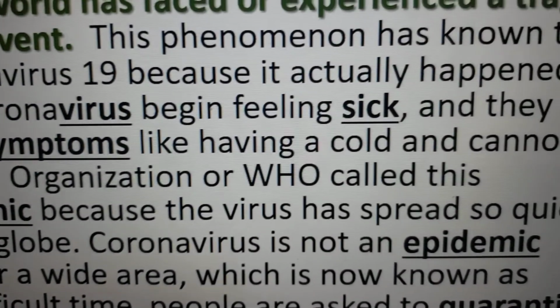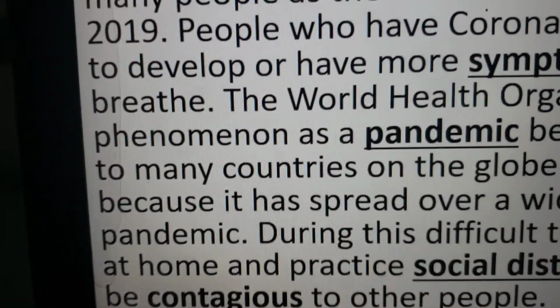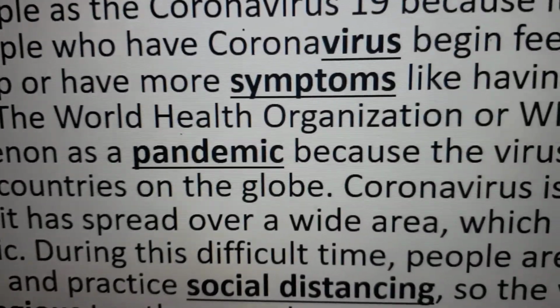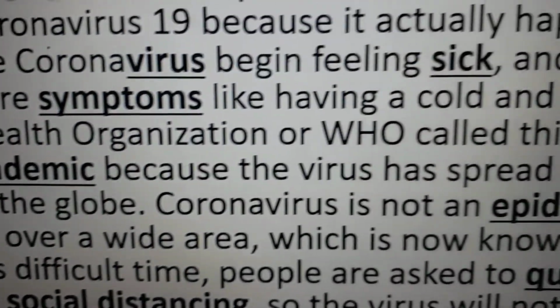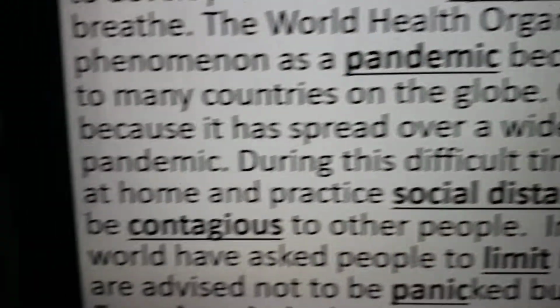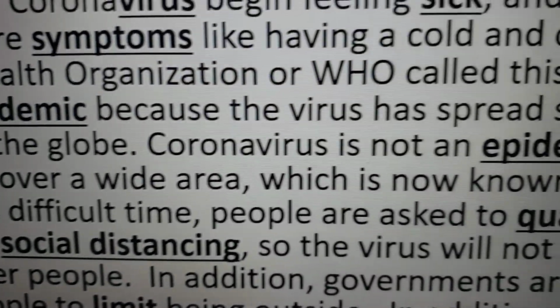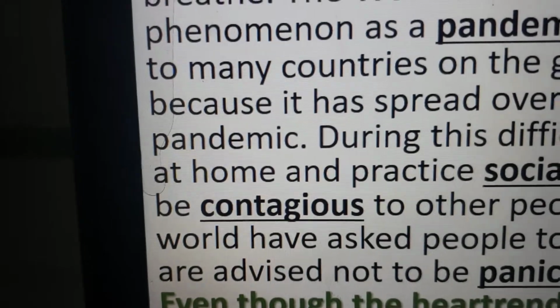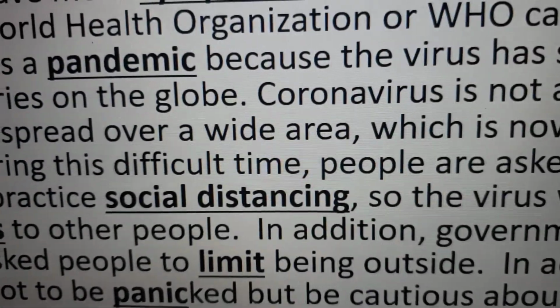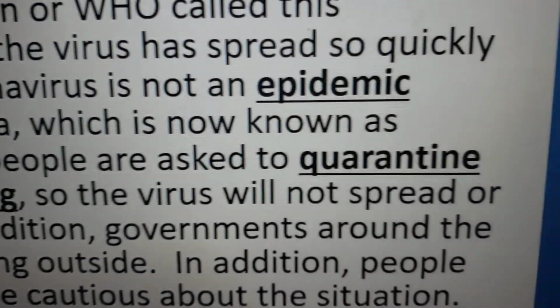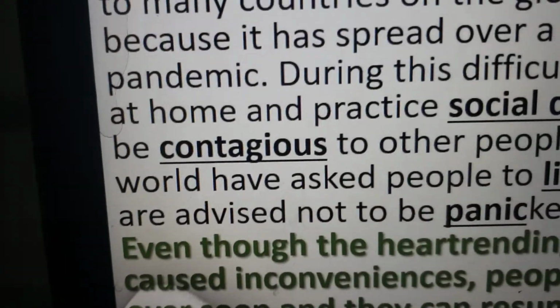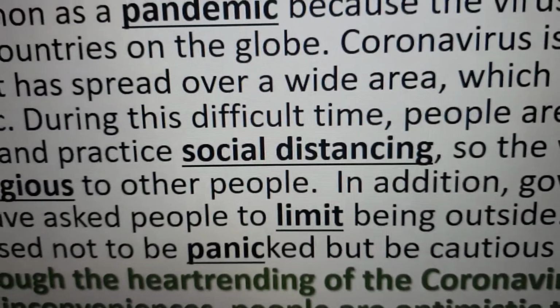Coronavirus is not an epidemic because it has spread over a wide area, which is now known as a pandemic. During this difficult time, people are asked to quarantine at home and practice social distancing so the virus will not spread or be contagious to other people.